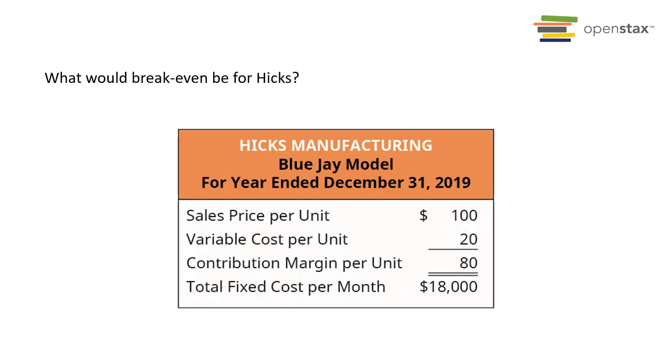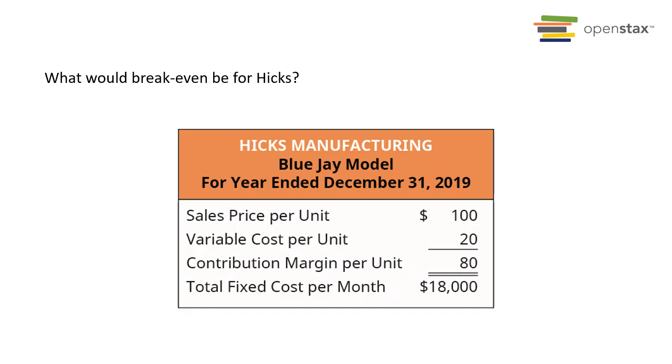So let's learn how to calculate break even for the Hicks Manufacturing Company. This is that bird bath that we were just talking about. It has a $100 sales price, a $20 variable cost, and that means that each bird bath has $80 towards the contribution margin to cover their fixed costs.